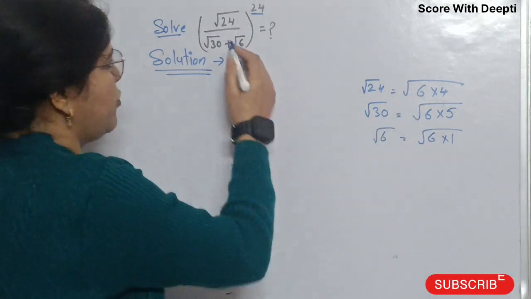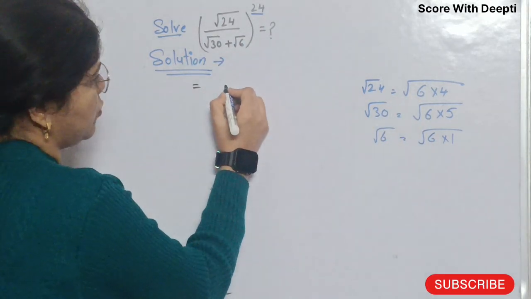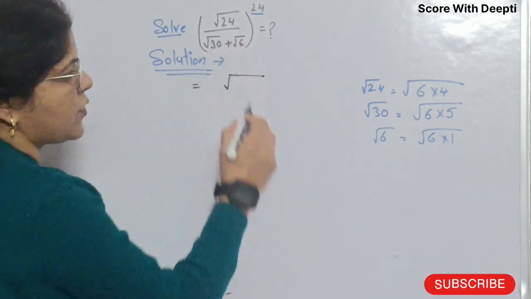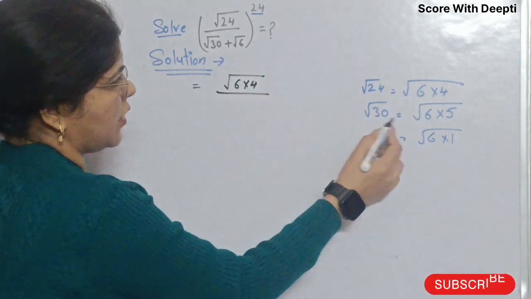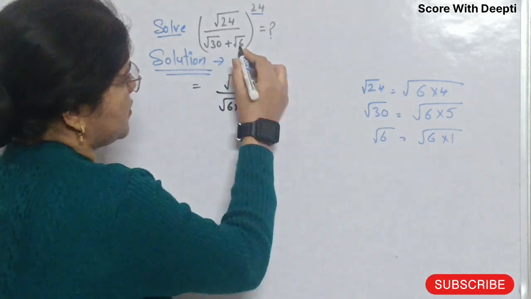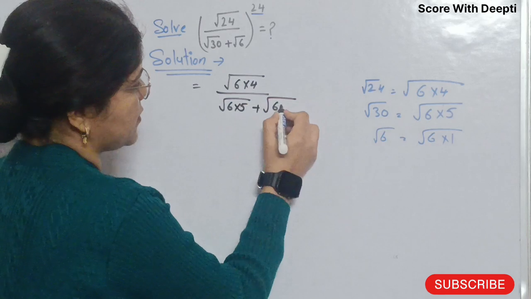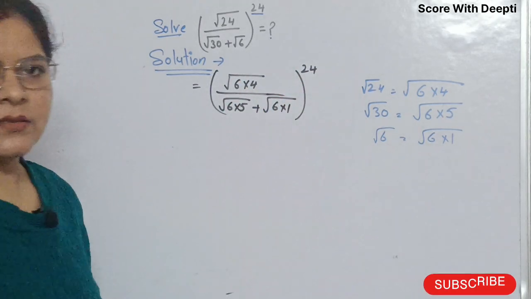Now we put these values here and we get square root 6 into 4 over square root 6 into 5 plus square root 6 into 1, to the whole power 24 as it is.